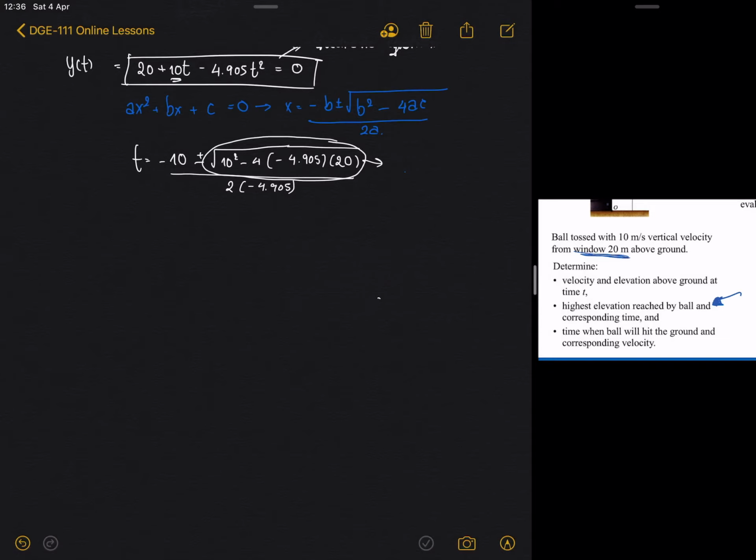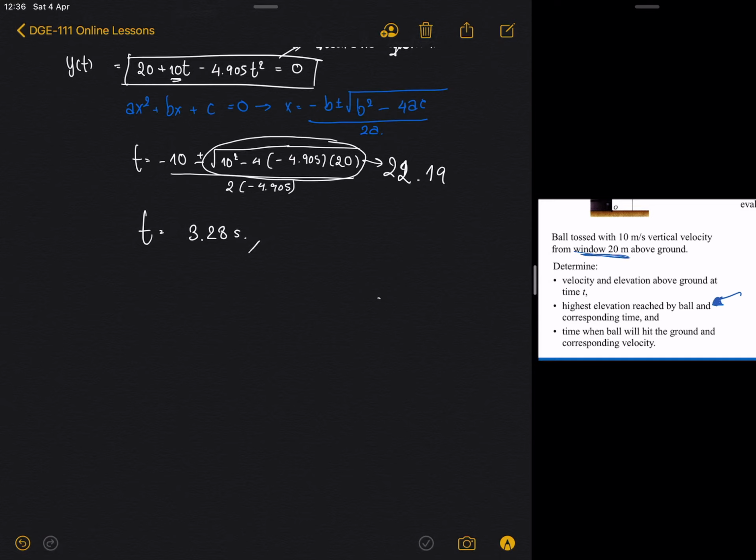Okay, this is what I get: 22.19. And then I will go for minus 10 minus 22.19, divided by 2 multiplied by minus 4.905. Then you get one of the t is 3.28 seconds.